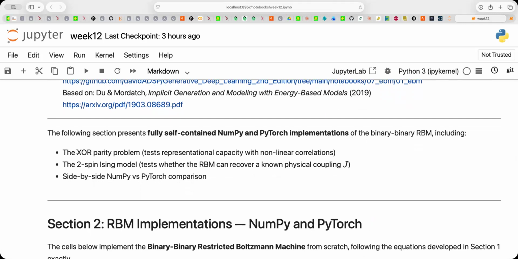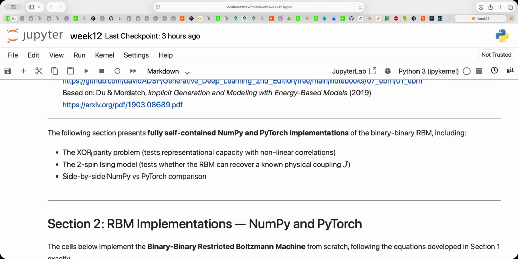And what I'm doing then is, in one case, you have the XOR parity problem, which is a famous test of machine learning methods, whether you can reproduce those data. The other one is actually the two-spin Ising model, where it tests whether the RBM can recover a known physical coupling. So that means that you produce data for energies. If you're familiar with the Ising model, I will actually skip this one now because not everybody's familiar with that.